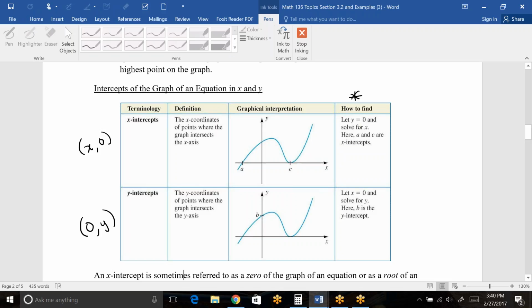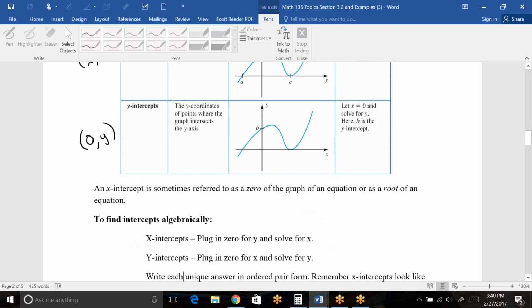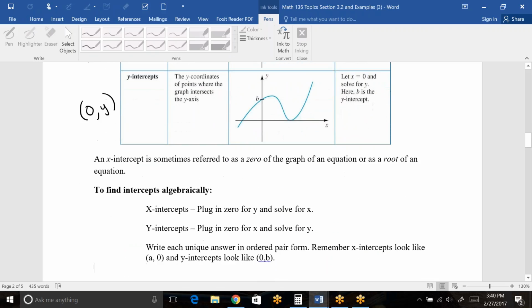If you want to find the x-intercept, you let all the y's be 0, and then you solve for x. If you want to find the y-intercept, you let the x's be 0, and you solve for y. That's the gist of this part. And remember, each of them is an ordered pair. X-intercepts are also sometimes referred to as zeros of the graph, or roots of an equation. Those are just synonymous names, but zero and root can encompass things that are not real numbers as well, so we have to be careful there.